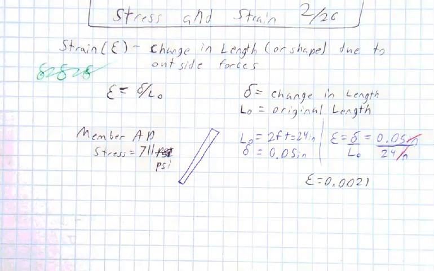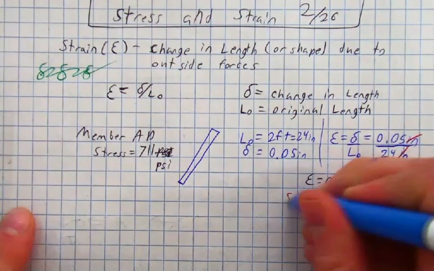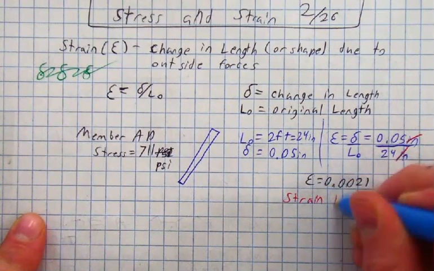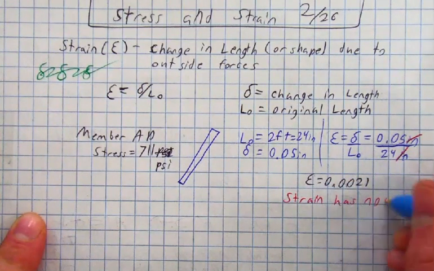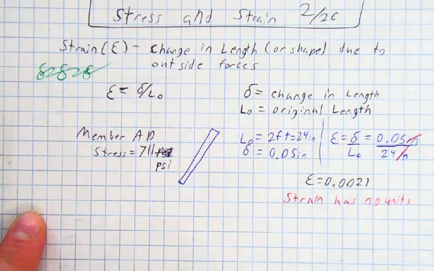Does that make sense to everybody? Let's make a couple notes for ourselves. The first note I want to make is strain has no units. And it makes sense that it would have no units.